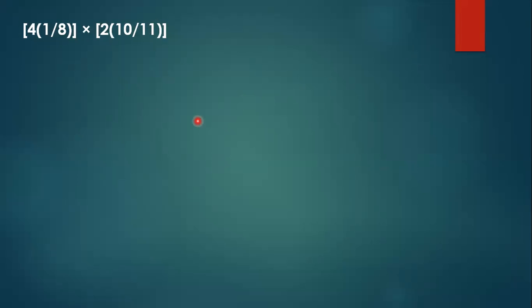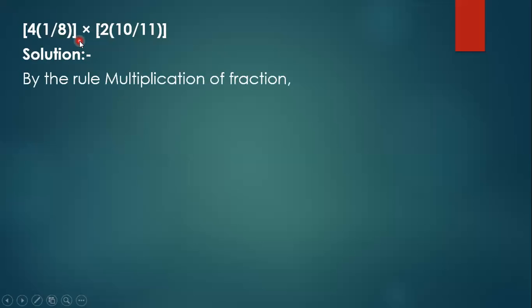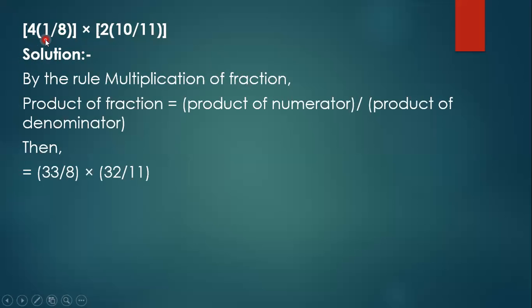What have I told you? Whenever in the question you have a mixed fraction, you have to first convert it into an improper fraction. How will we convert? 4 1 by 8 will become 8 multiplied by 4, which is 32, plus 1, which is 33 by 8. Similarly, 11 multiplied by 2 gives us 22, plus 10 becomes 32. It becomes 32 by 11.